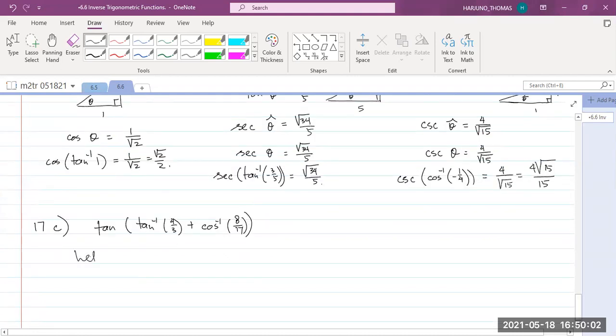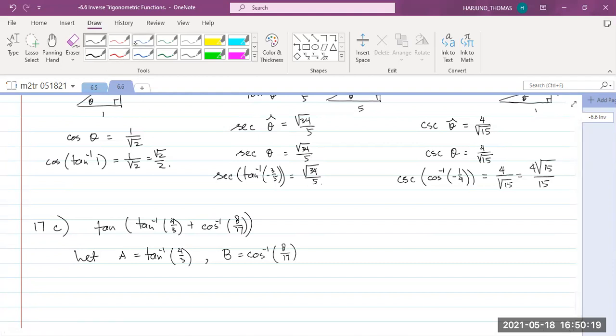We will let angle A be tangent inverse of 4/3, and angle B be cosine inverse of 8 over 17. Now, with this substitution, we basically need to compute tangent of A plus B, right? That's what we need to compute.